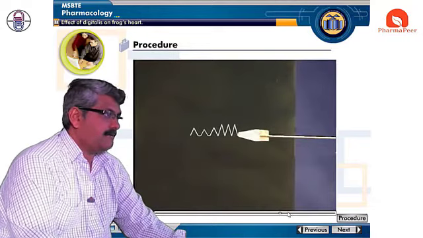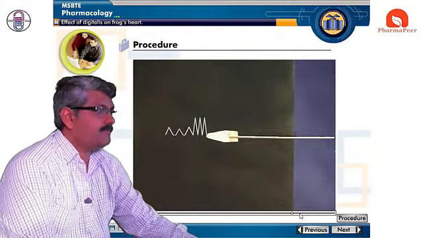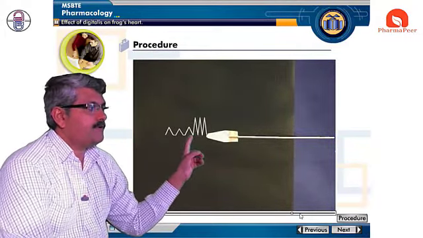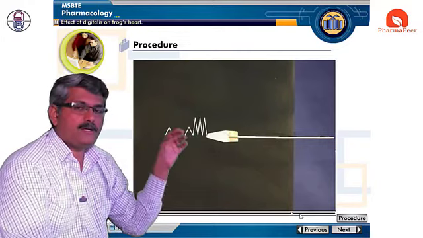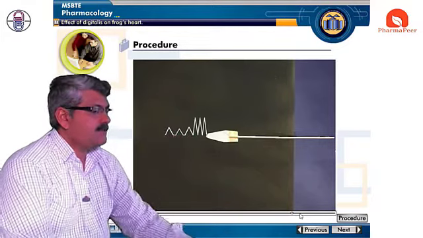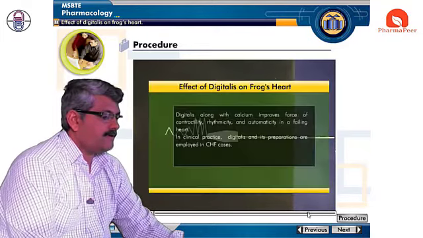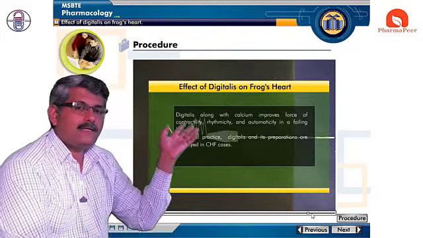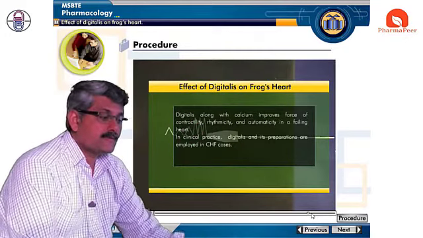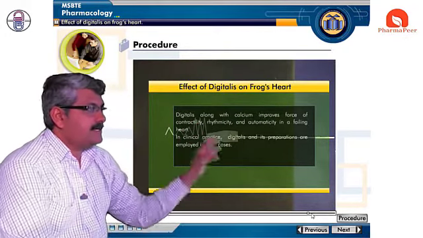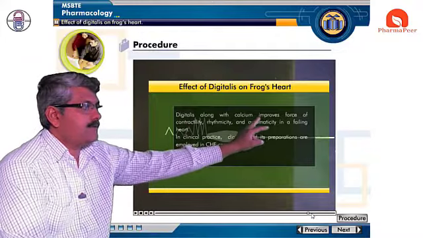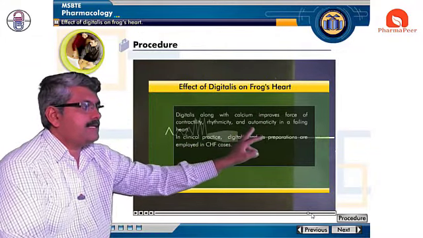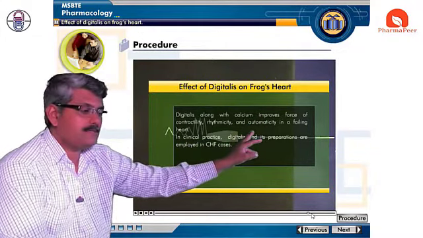When the heart enters a hypodynamic state, we again gave a combination of digoxin plus calcium chloride. We found a very interesting result: the contracting ability increased. So it proves that digitalis along with calcium chloride improves the contracting ability, rhythmicity as well as the automaticity.